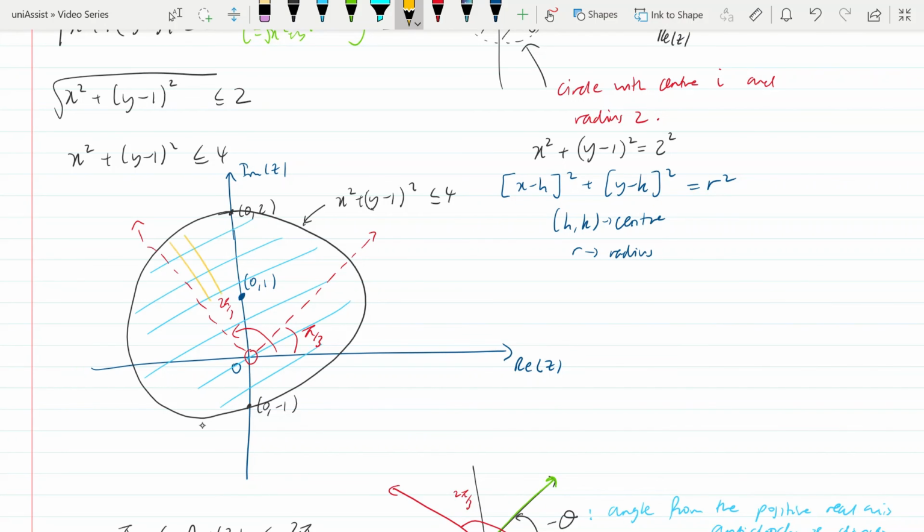We want this part here. So in effect, our final answer is going to be where we've shaded twice. So I'll just highlight where that's going to be. The final answer to this solution will be everything that's within these two regions.